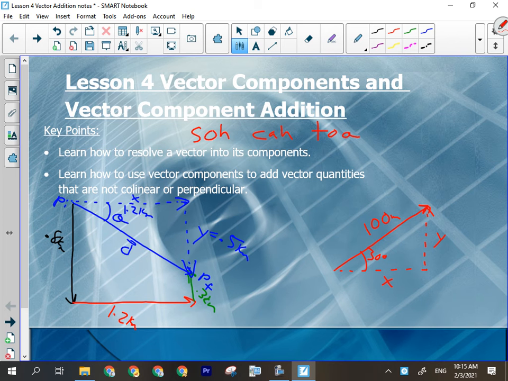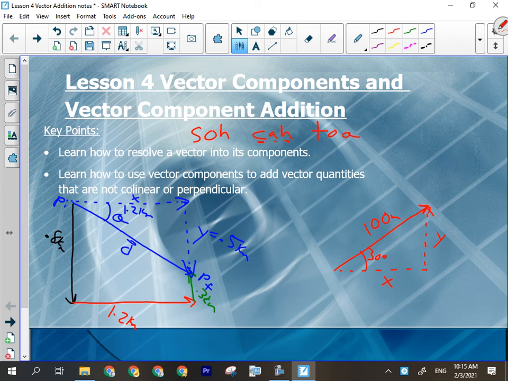If I want to find out how big x is, it's adjacent to my 30-degree angle. It's beside it, touching it. So if I want to find out what x is, and I know the hypotenuse, which one of these trig functions am I using? Sine, cos, or tan? Cos, because cos relates the adjacent side to the hypotenuse given the angle.